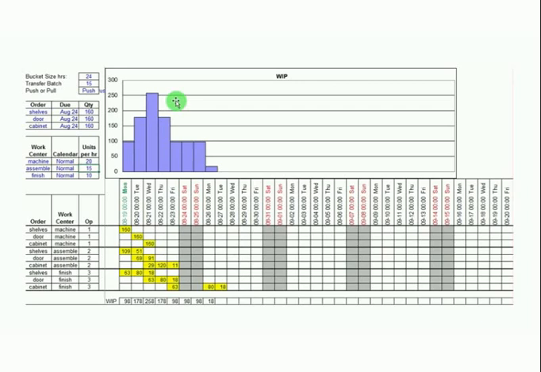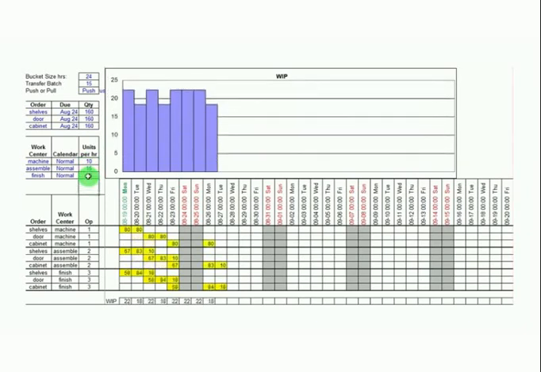Now, let's reverse. Let us say the first operation is a constraint. The orders are late. Again, the 2 orders are late.